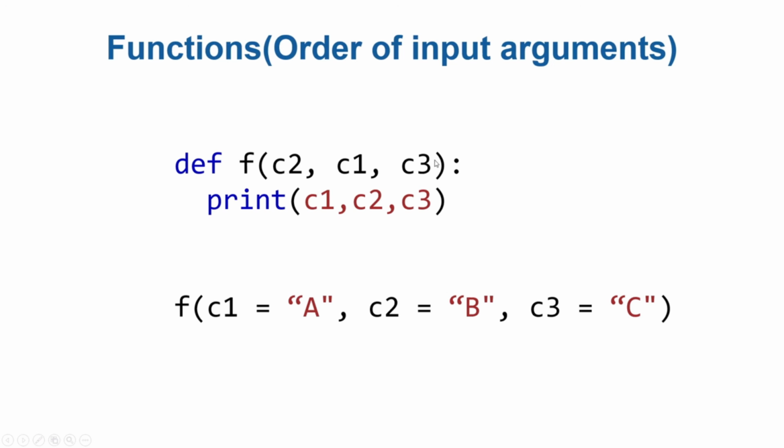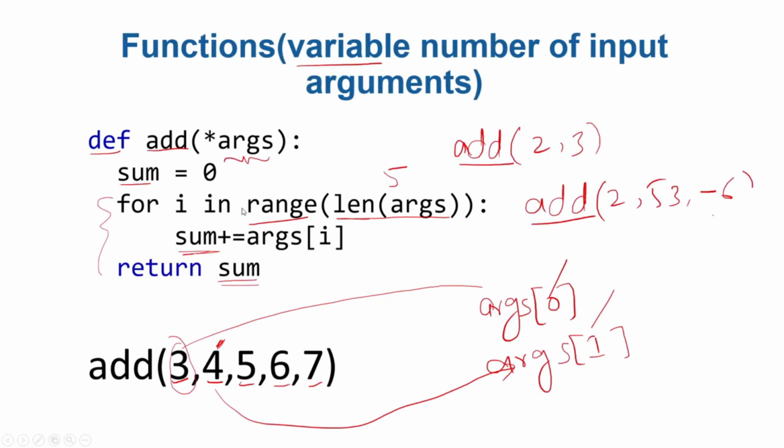What if we want to fix the input order, or be more careful about input argument ordering, but we also want an arbitrary number of arguments? How can we do that? Wait for the next video and I will show you how.